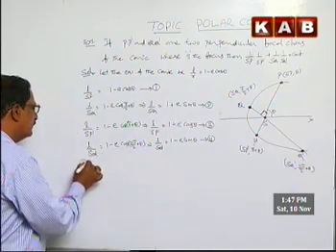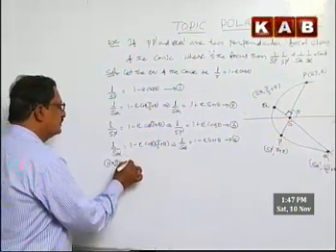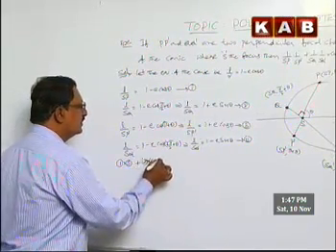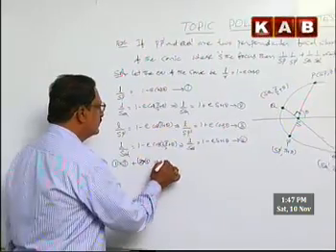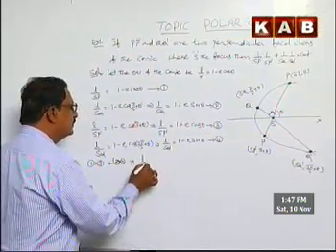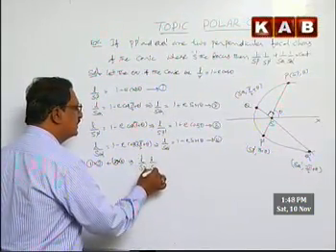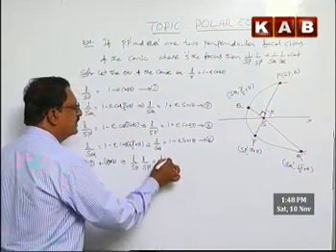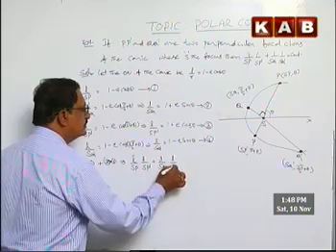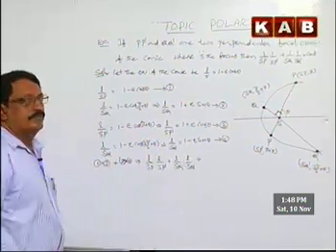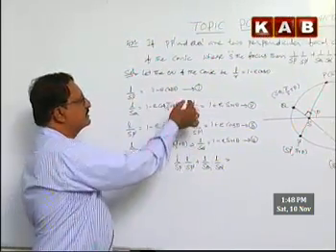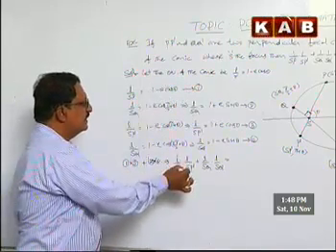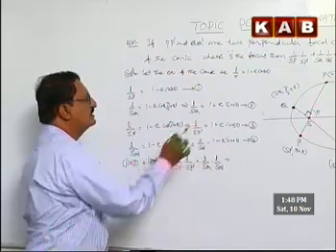Now 1 into 3 plus 2 into 4. We get L by SP into L by SP dash plus L by SQ into L by SQ dash equals to, but L by SP equals to 1 minus E cos theta, L by SP dash equals to 1 plus E cos theta.